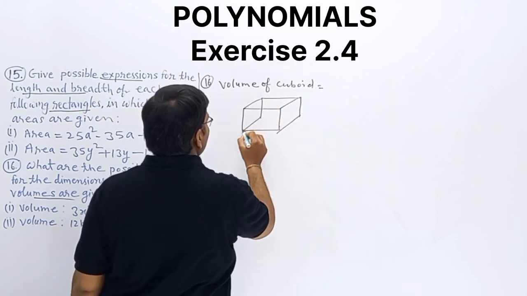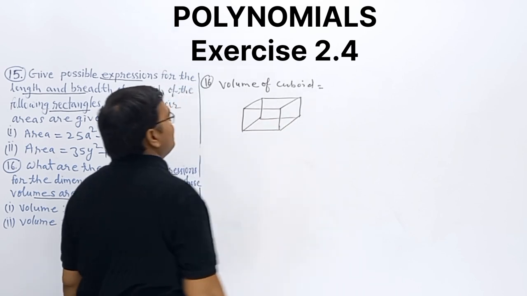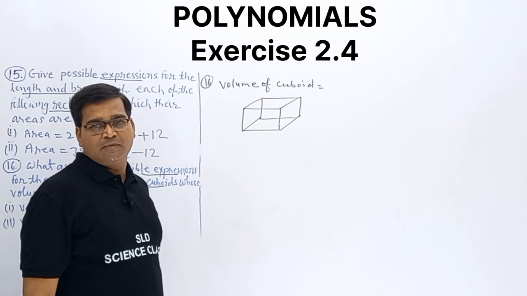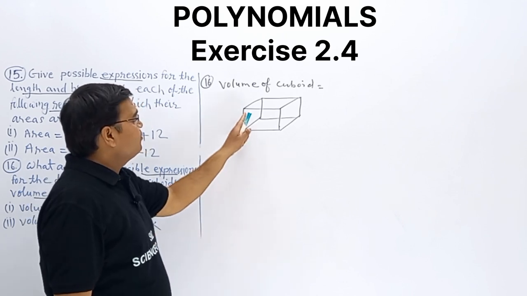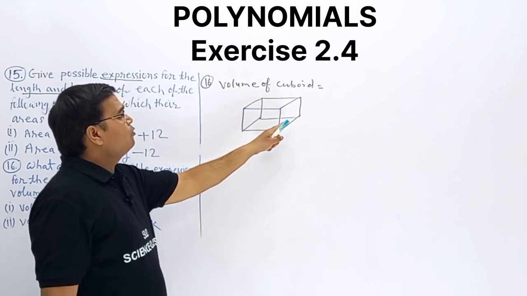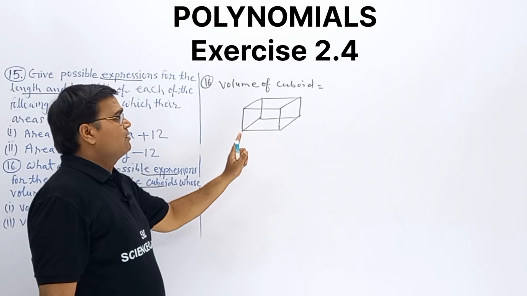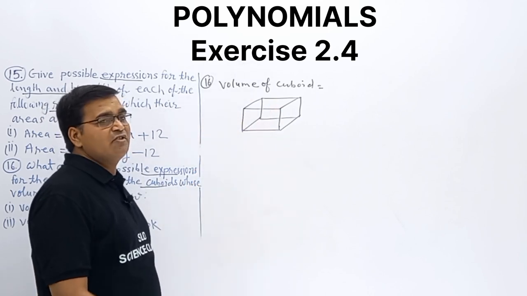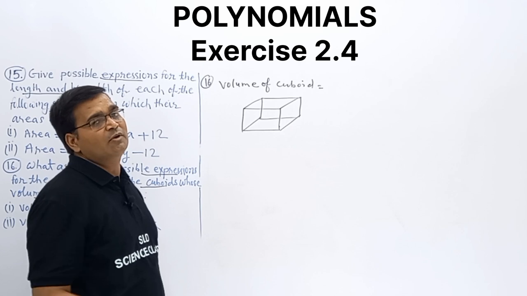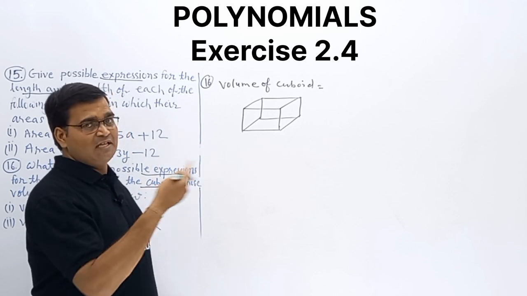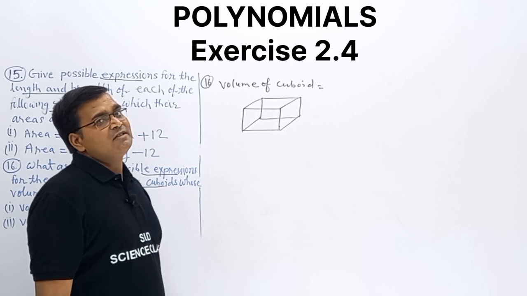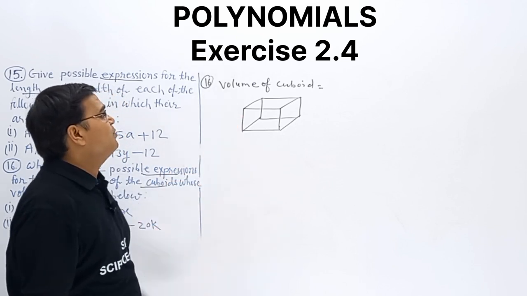Yes, it is a cuboid. 1, 2, 3, 4 are side faces, and one is the top face, the fifth one, and the bottom will be the sixth one. So a cuboid has 6 faces.